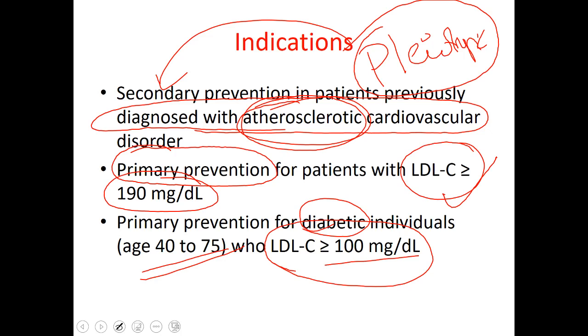We use statins for patients with established atherosclerotic plaque as a secondary prevention, and for patients with raised LDL as primary prevention. For experiencing the pleiotropic effects of statins, they have to be given at higher doses.